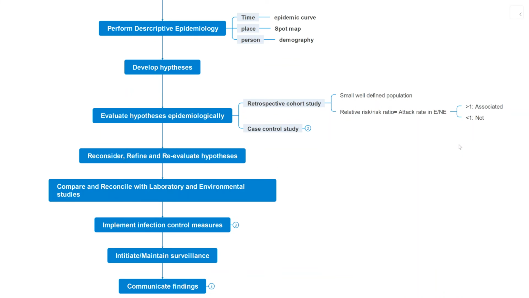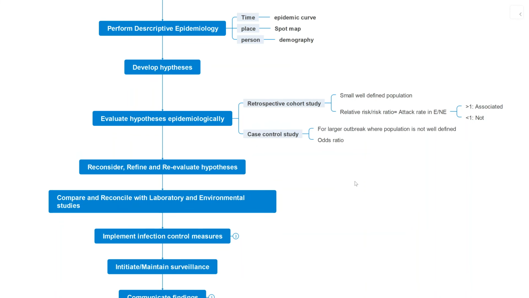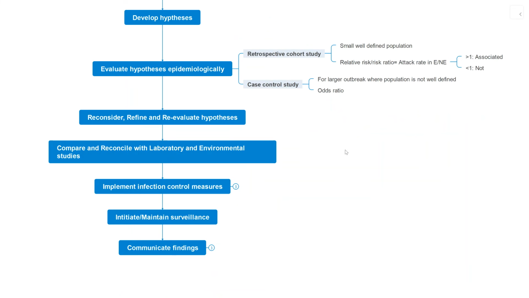If it is more than one, that means that factor is associated with the disease outbreak. If it is less than one, it is not associated. If you are using a case control study, then it has to be a larger outbreak population where the population is not defined, and here instead of relative risk we use the odds ratio.